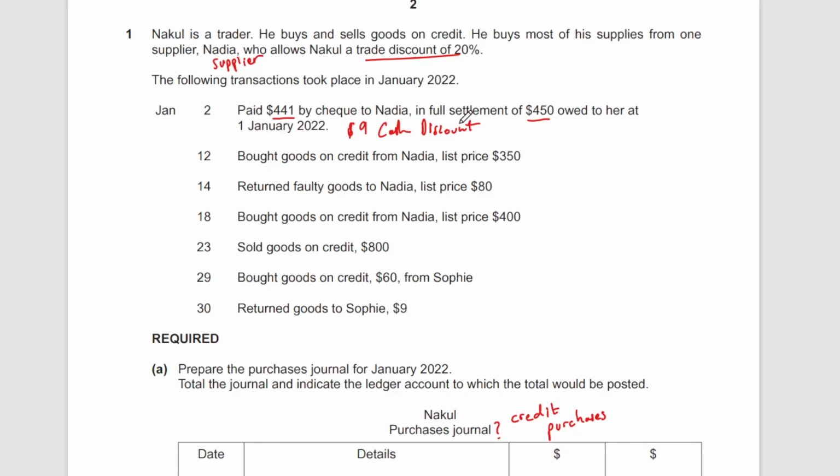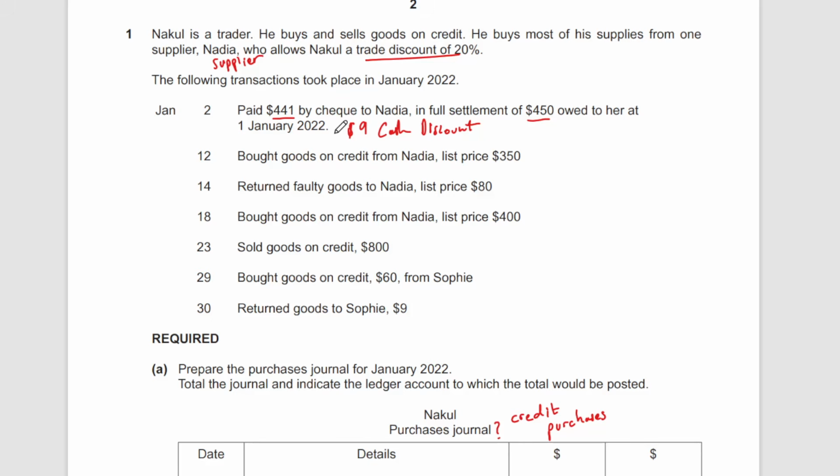How do I know? I know that because it's a settlement of 450, but 441 is being accepted. So 9 is obviously a discount, right? So it clears Nadia's account by 450 just by paying 441. You don't have to pay the rest of the debt. The point is $9 is cash discount.